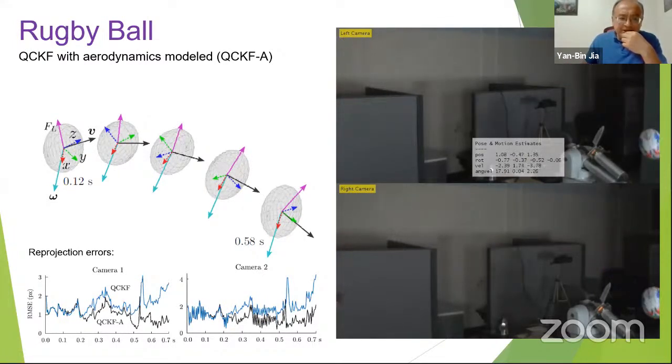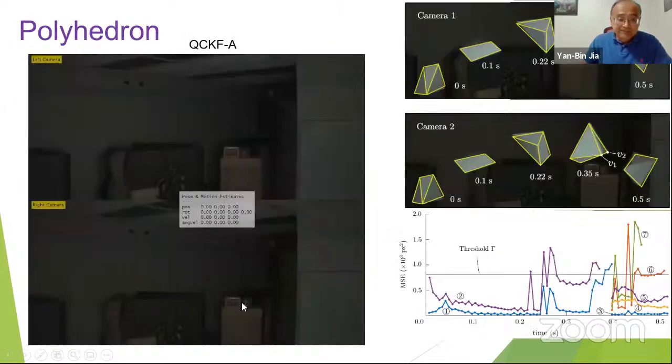And then as you wonder whether aerodynamics really helps, we measured using the reprojection error to compare 2 versions of Kalman filters with or without aerodynamics. As you see, the errors with aerodynamics are consistently below, here represented by this black curve, those without modeling aerodynamics. Okay, that's for the first camera and the second one as well.